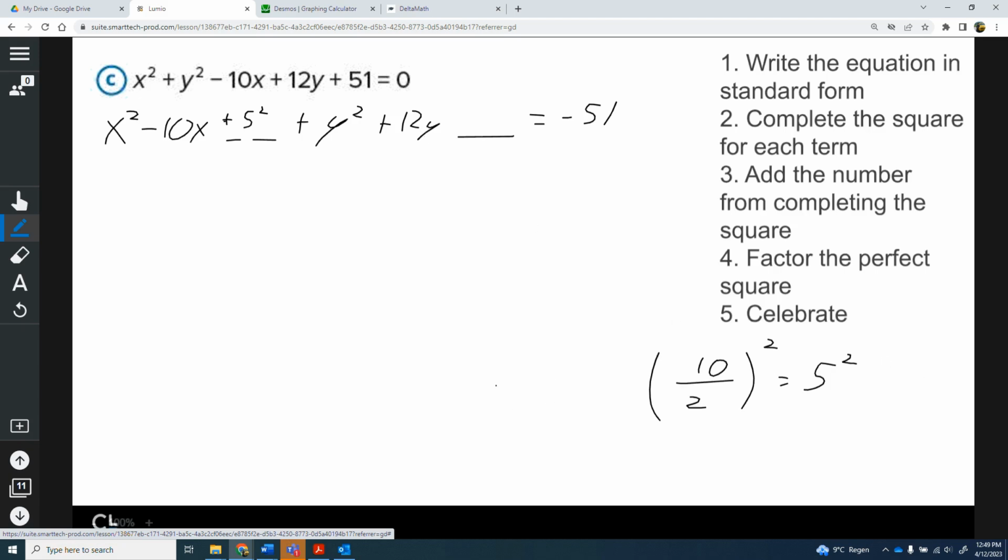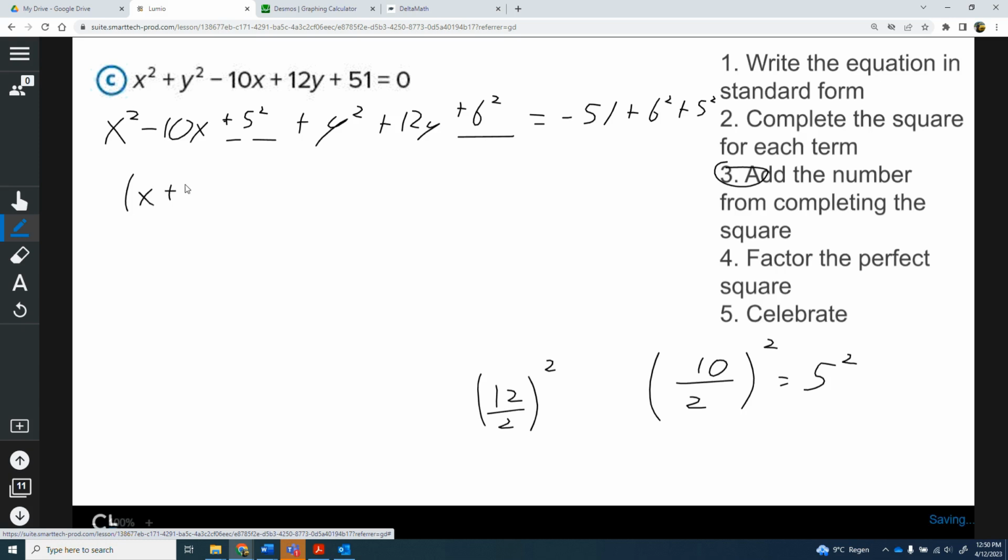Then I have 12 over 2. That's going to be 6 squared plus 6 squared. I'm going to add the number from completing the square to both sides. So that's going to be plus 6 squared plus 5 squared. Then I'm going to factor it. And if I've completed the square correctly, it's relatively easy to factor.